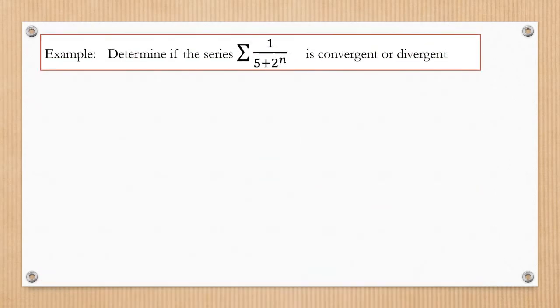Let's have this example. Determine if the series 1 over 5 plus 2 raised to n is convergent or divergent. Now, in the comparison test, we are going to compare this series to another series, but we are going to remove a certain number that is not significant in the series.